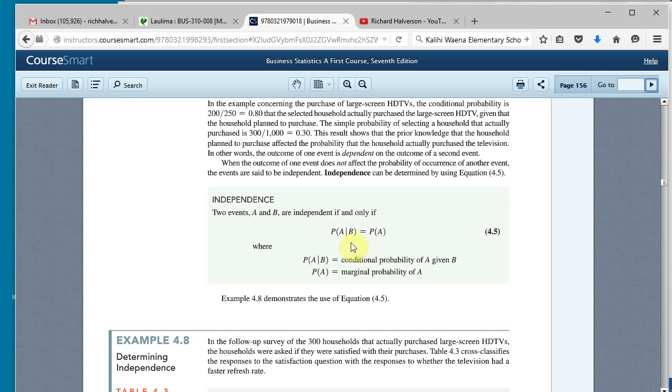To see if A and B are independent, you see if A given B is equal to A. If A and B are independent, then B and A are independent, so it's commutative. But let's use this formula to see.